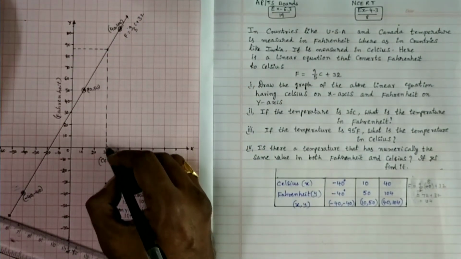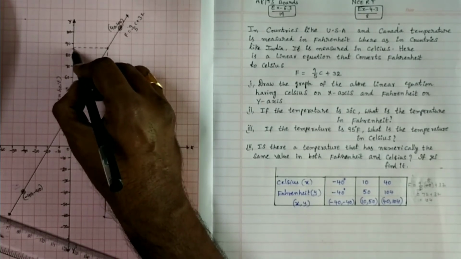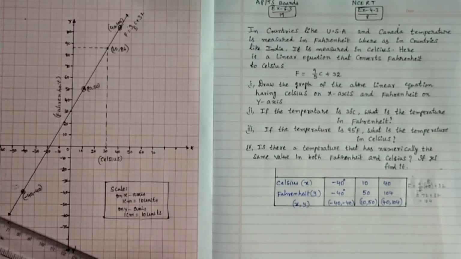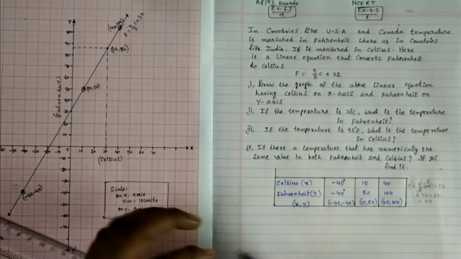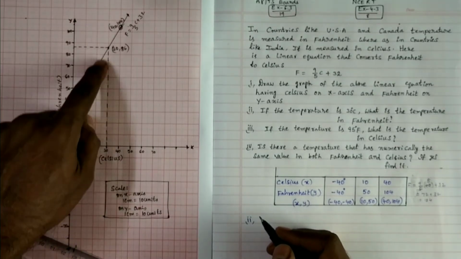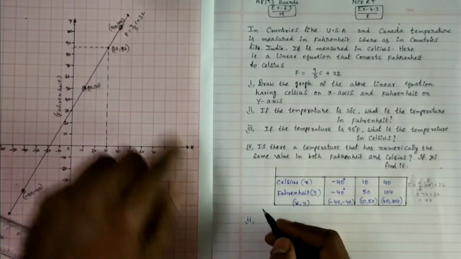So when it is 30 degrees Celsius, Fahrenheit will be 80, 85, 86. So the point is 30, 86. So the solution is, when 30 degrees Celsius, then Fahrenheit will be 86 degrees Fahrenheit.